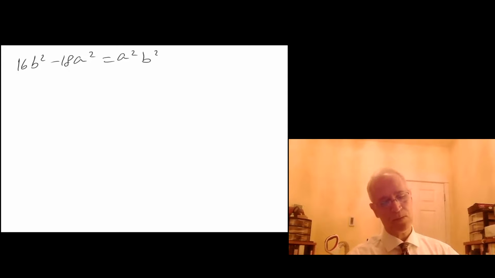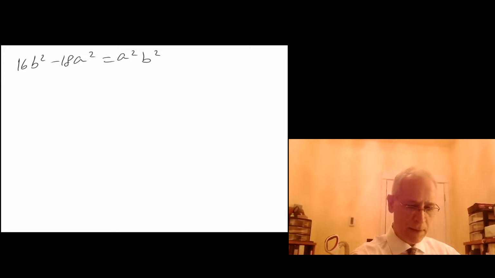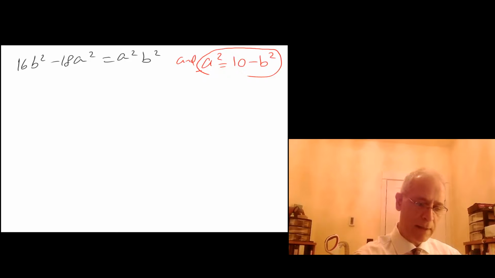We said that we have 16b squared minus 18a squared equals a squared b squared, and a squared equals 10 minus b squared. So I'm going to substitute this in here and in here.